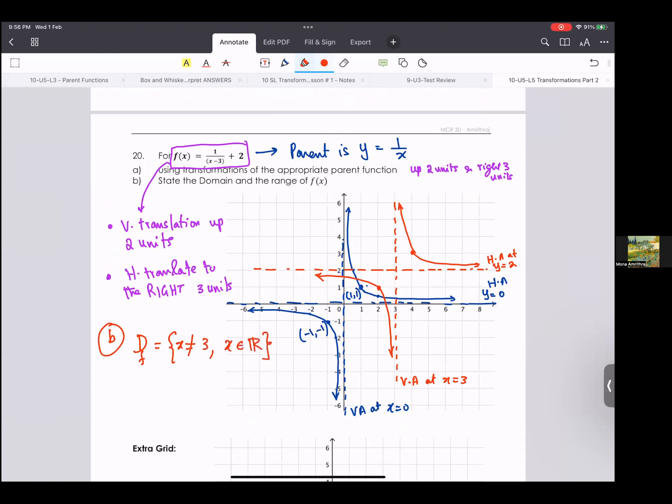The range of f is such that the y value is never, where does the y value not exist? As you're going up and down, it doesn't exist at y equals 2. Other than that, it exists everywhere else.